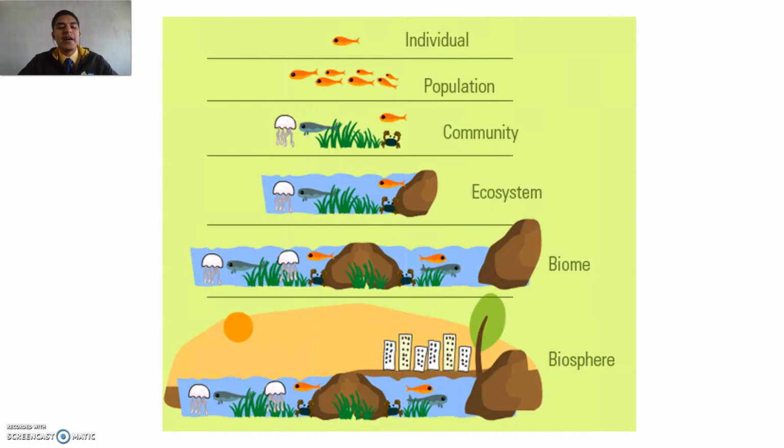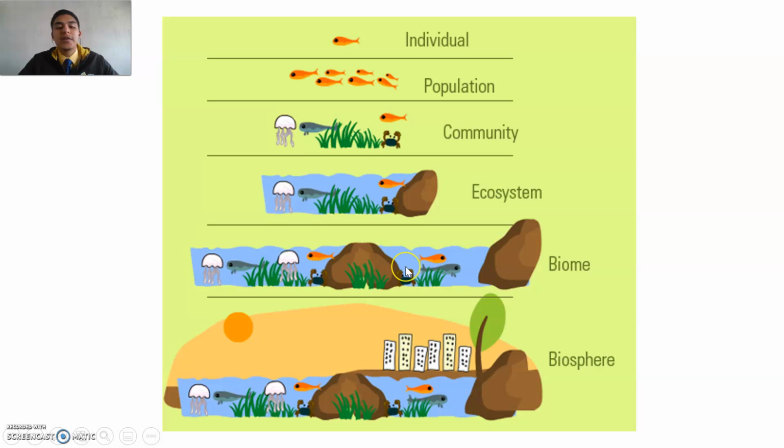All right, and here you have a small image that somehow summarizes everything we were talking about. So the biosphere basically includes all the living things. Okay? So it covers basically all around Earth.